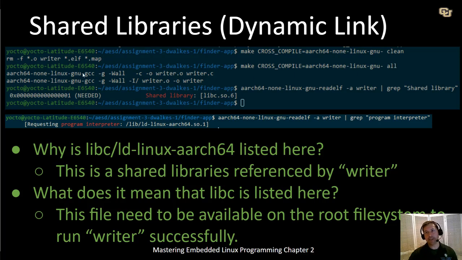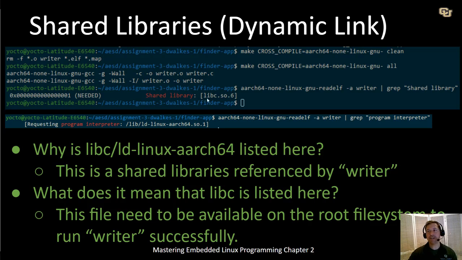And so you can see what this is doing is running GCC just like you would from native, but prefixing it with what I specified for cross-compile, and generating an application that is going to be cross-compiled for my AArch64 target. If I then use that readelf utility to look for information about the writer application and grep specifically for shared library, what I can see here is that it's using the libc.so.6 shared library.